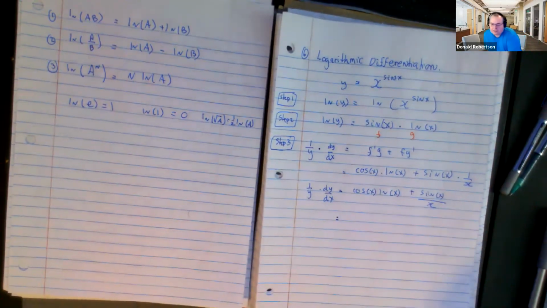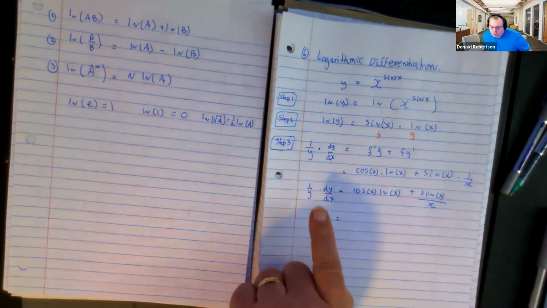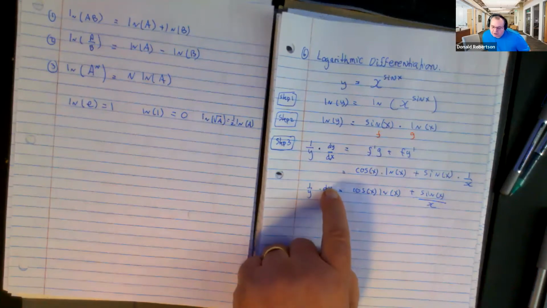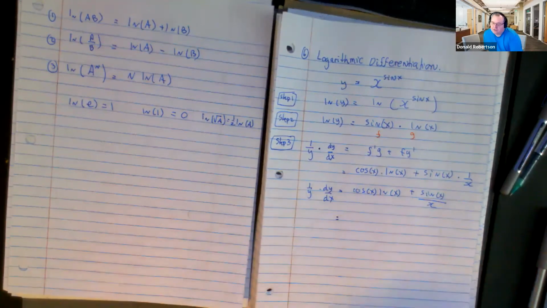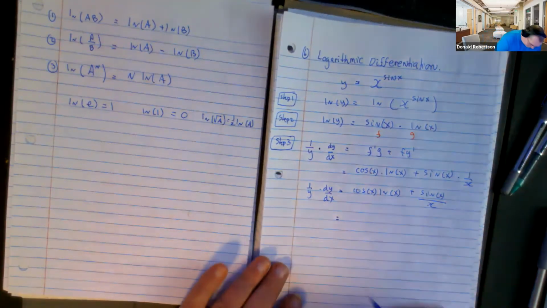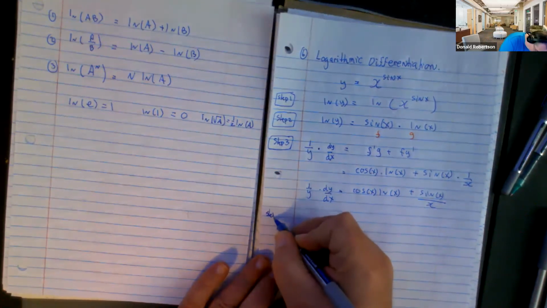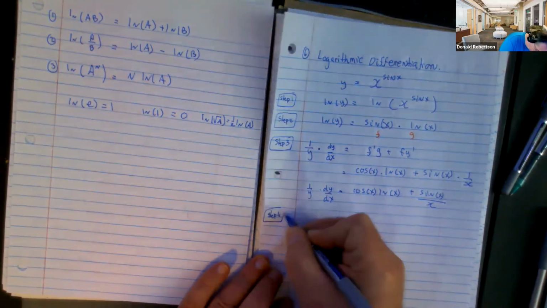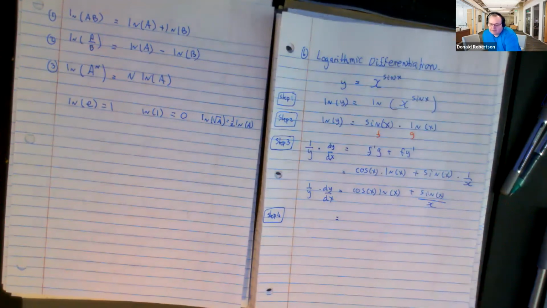Now, the goal here is to find the derivative, which means we are trying to find out what dy by dx is. Okay, what should I do to both sides to isolate dy by dx?